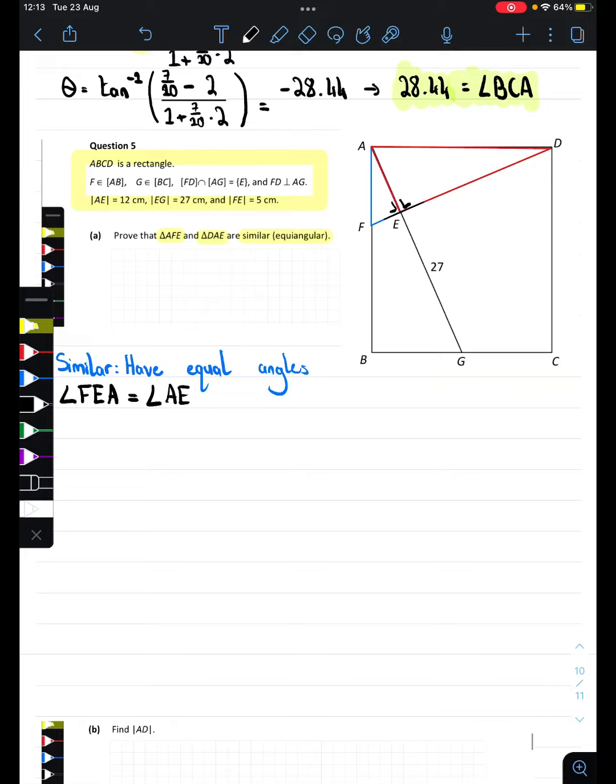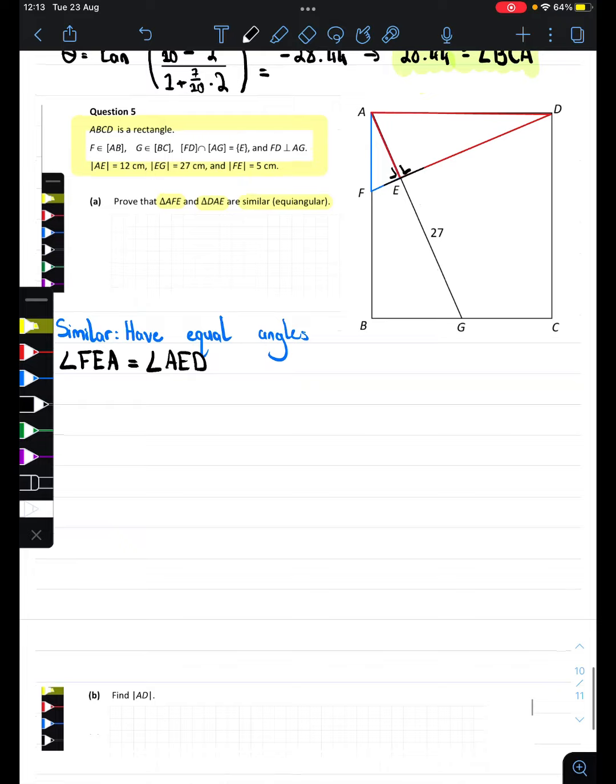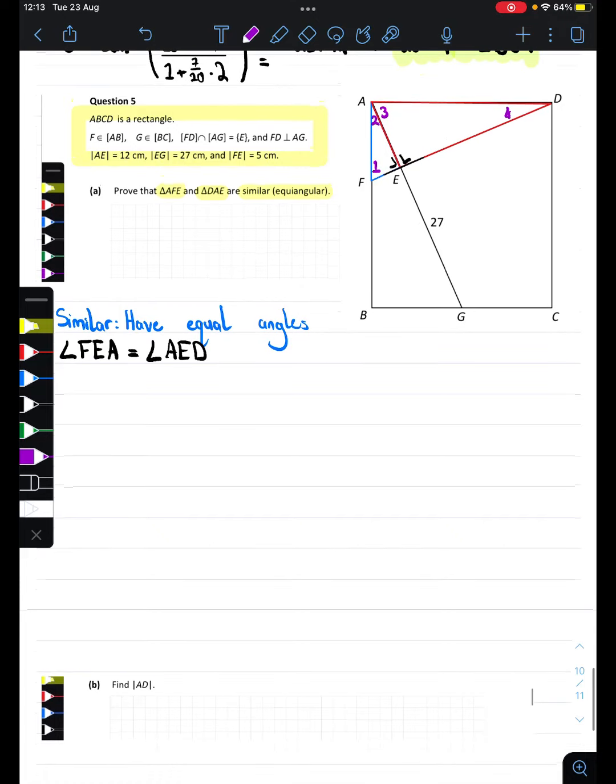So that's one angle we've shown to be equal. Now let's call these angle 1, angle 2, angle 3, and angle 4, just so we don't have to constantly be saying angle FAE, FDA, whatever.